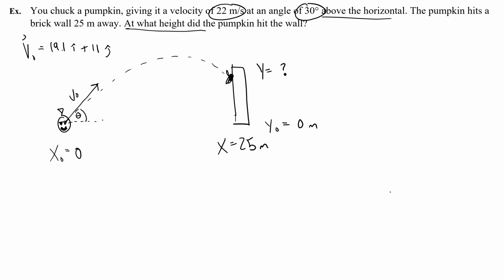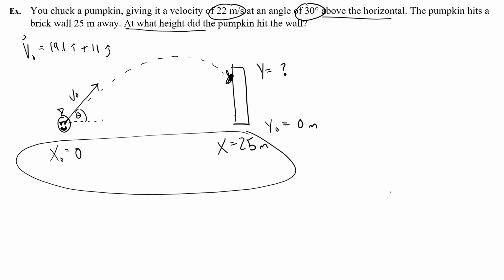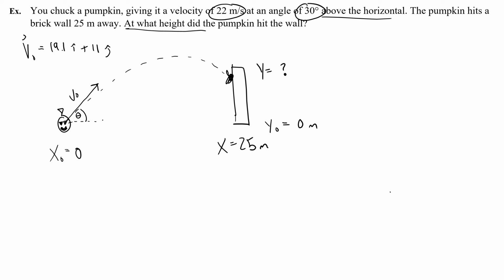Maybe you see right away that you have enough information with the x velocity and the x positions to solve for the time that the pumpkin is in the air. Always a useful thing. So we're going to use our equation: x equals vx t plus x naught. Our initial x position is 0, so we can get rid of it. To solve for time, I divide both sides by the x velocity.